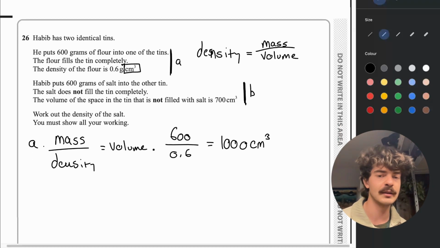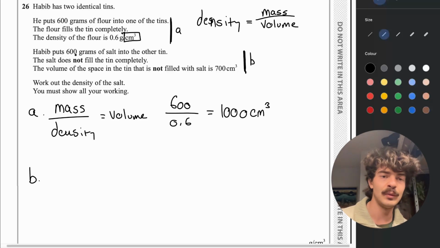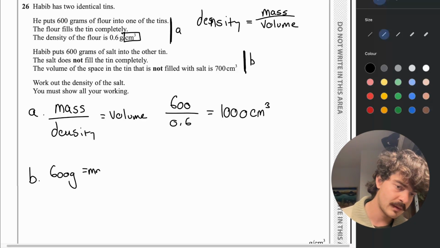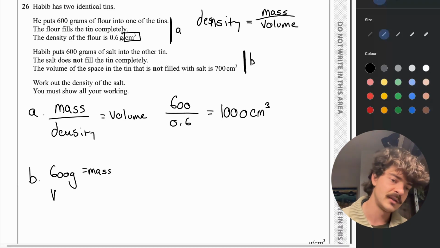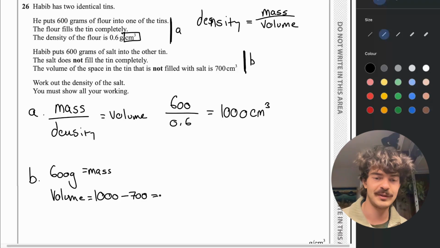Okay, fantastic. Now, looking into part B, we're given, once again, a mass. So our mass for part B is 600 grams. But we don't fill the tin completely. The volume of the space in the tin that is not filled is 700 centimeters cubed. So we know that the volume in the tin is 1,000. We know that 700 are not filled, so it must be 300 centimeters cubed.